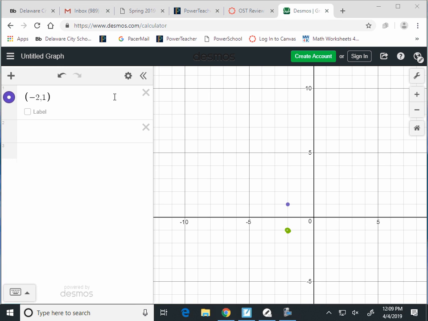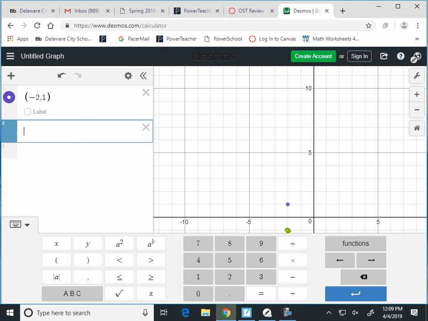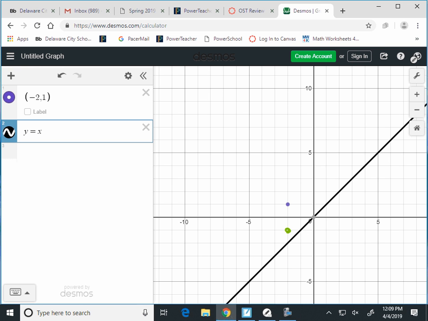I reflected it. Oh, now after I reflected, I'm going to graph the line y equals x. And reflect it. Again, using your marker. 1, 1. Okay? You're allowed to do that. You can draw on Desmos if you want to. You don't have to copy it down on your scrap paper. You can draw on your screen on Desmos.